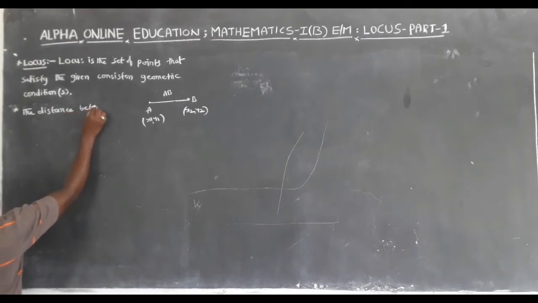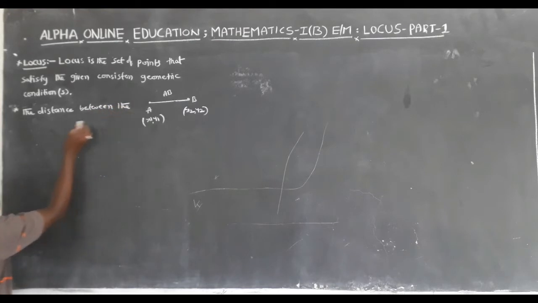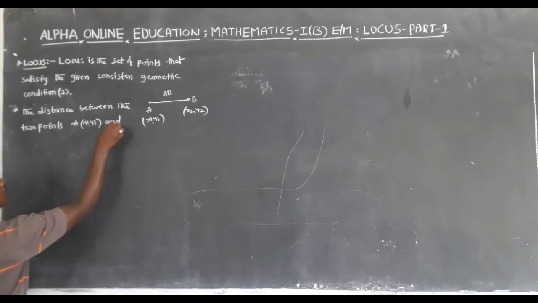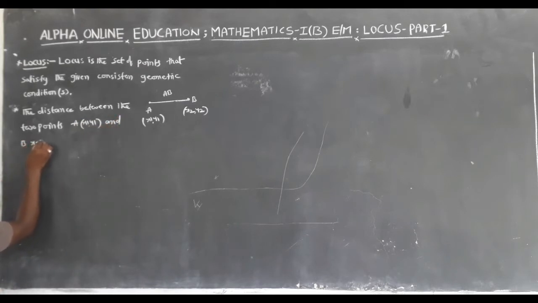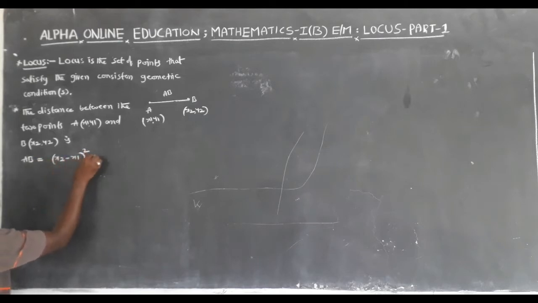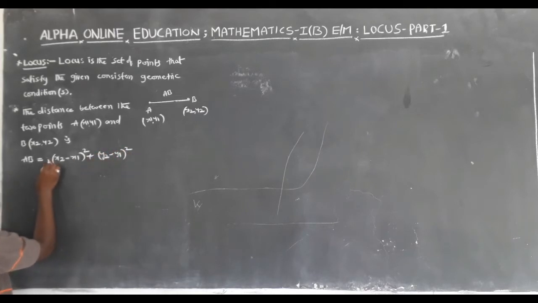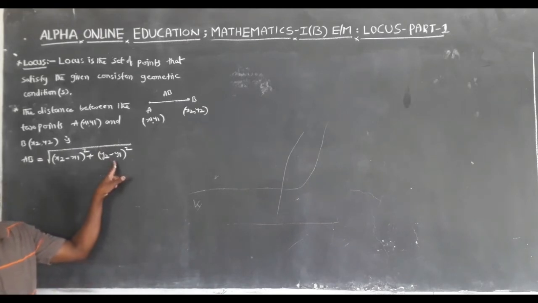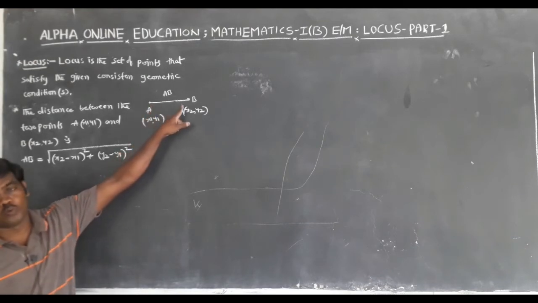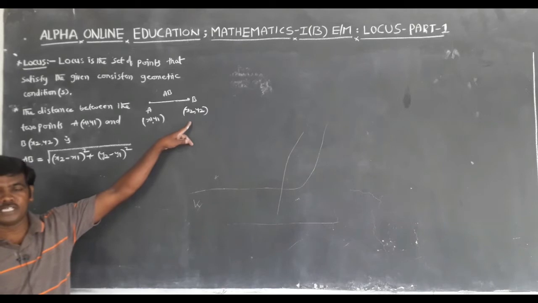Here is the first formula, the distance between the 2 points A (x1, y1) and B (x2, y2).